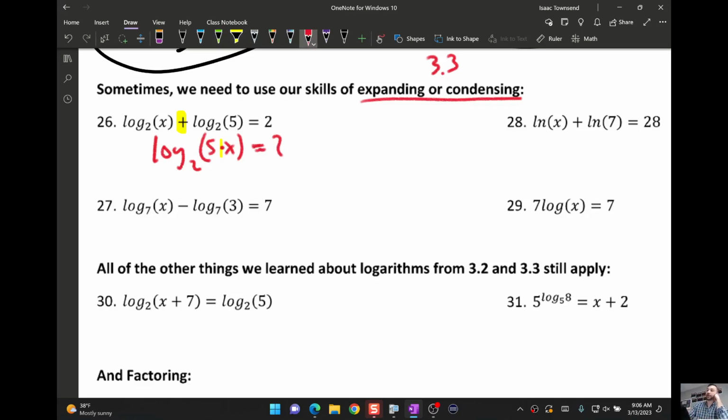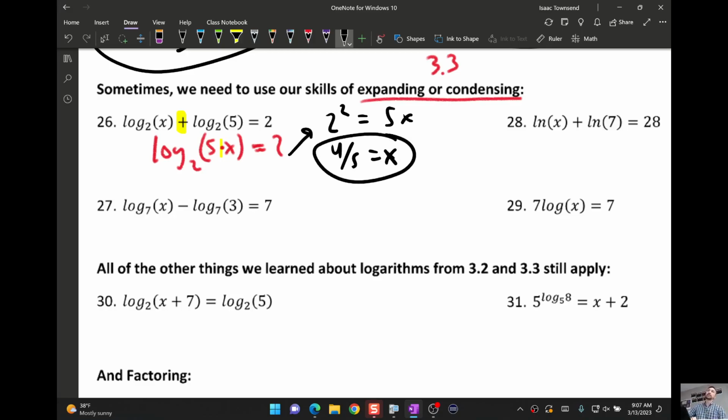And then after you make it look a little bit different, once you push these two into a single log statement, now you can switch the forms and solve. But if you don't consider condensing, then there's really nothing else you can do to get going.